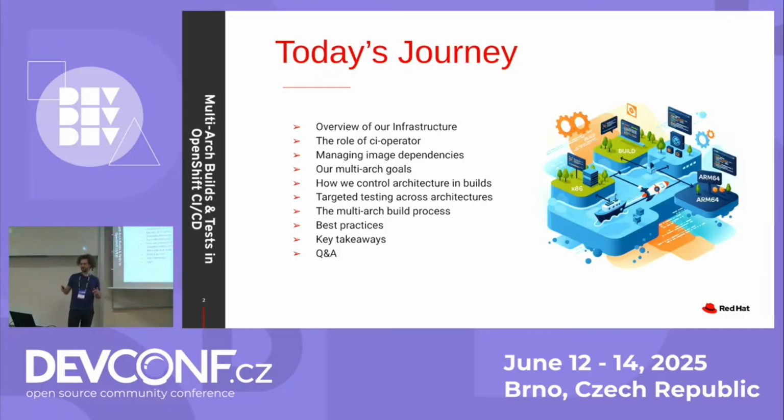overview of our infrastructure. We have the CI operator, which is the main responsible component that will run the whole thing. How we are managing the image dependencies, what are our multi-arch goals, how we control the architecture in builds, and of course, how we target the testing across the architectures, right?